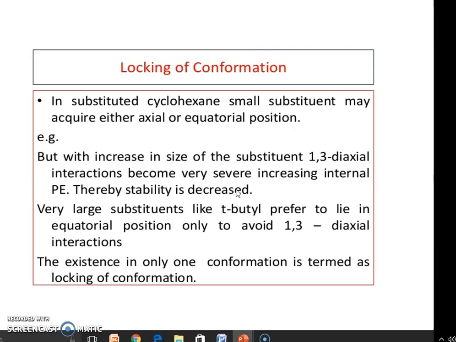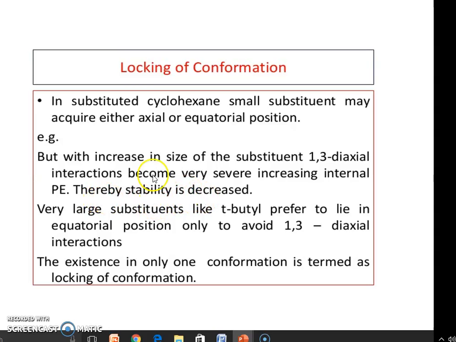And as we can see, there will be locking of the conformation. In substituted cyclohexane, a small substituent may acquire either an axial or equatorial position. With an increase in the size of the substituent, especially at the 1,3 position, the 1,3 diaxial interaction becomes very severe, increasing the internal potential energy, thereby decreasing the stability.